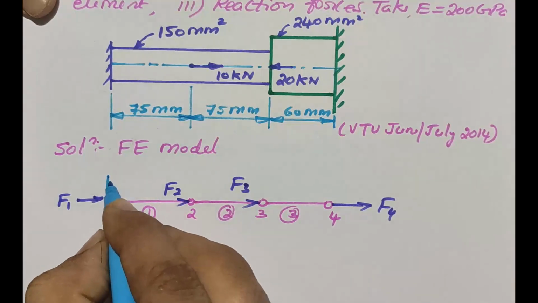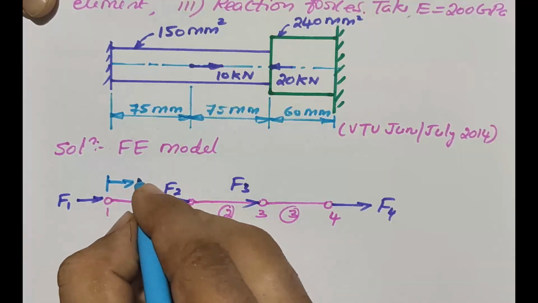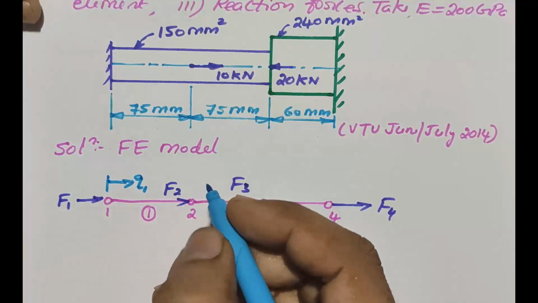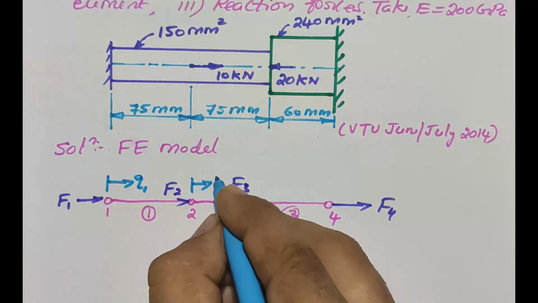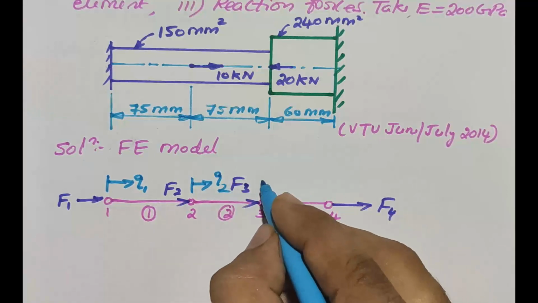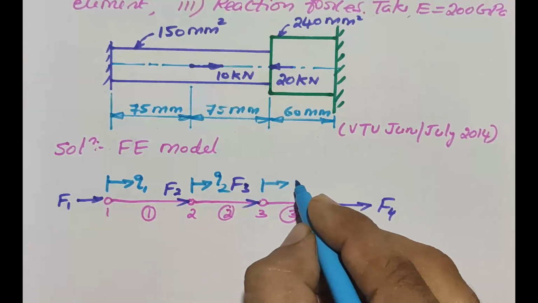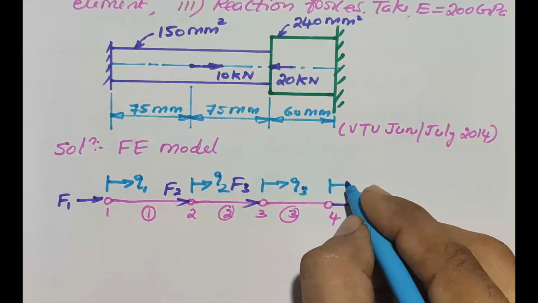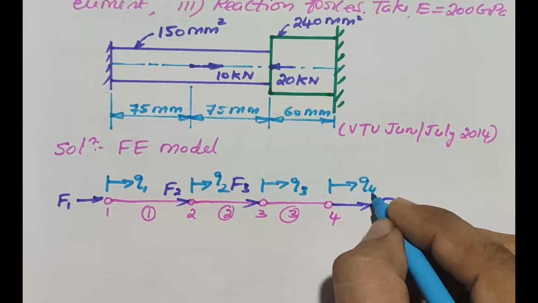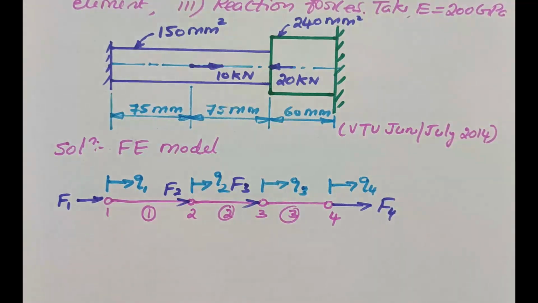At node number 1 I will take the nodal displacement as Q1, at node number 2 as Q2, at node number 3 as Q3, and at node 4 the nodal displacement is Q4. So this is the finite element model of the given figure. So the first step is over, discretization of the given continuum.